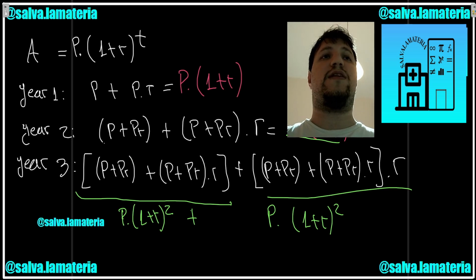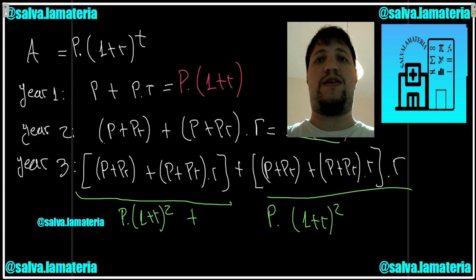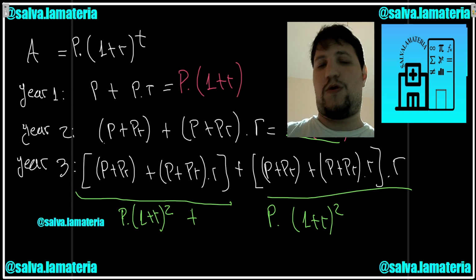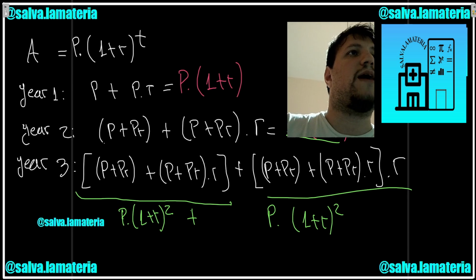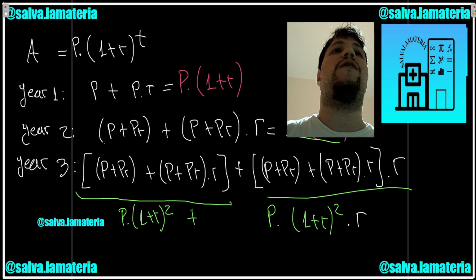Now number 3, the year number 3. We need to be careful here because year number 2 is already P times 1 plus R to the power of 2. And here it is just P times 1 plus R to the power of 2 times R. Oh, I forgot, I have to put here times R. There we go.